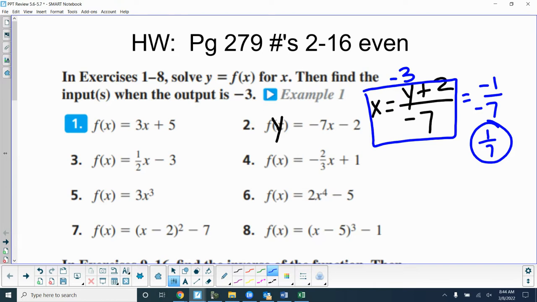Wait, so what was the answer? 6 was the right number. The fraction is x equals -3y minus 3 over 2. Okay. Anybody need to see that one?